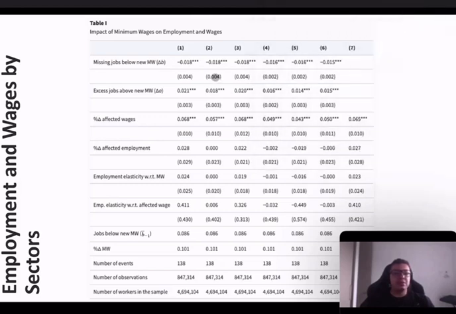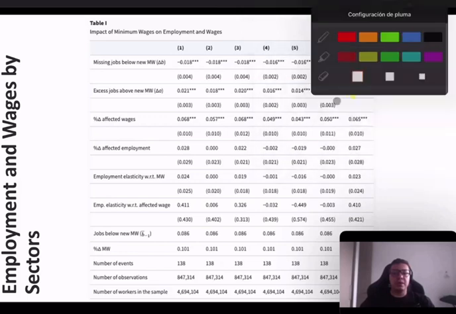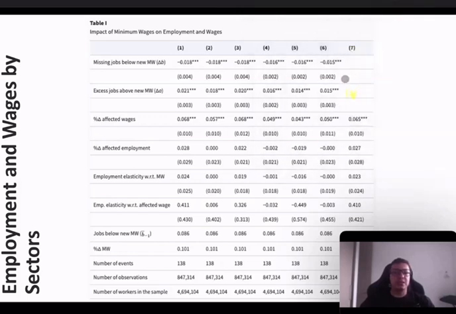Column 7 reports the simpler methodology estimate, where we calculate the change in the employment and wage by using state-by-quarter data, where the outcomes are the number of jobs or the total wage bill under $15 per hour.